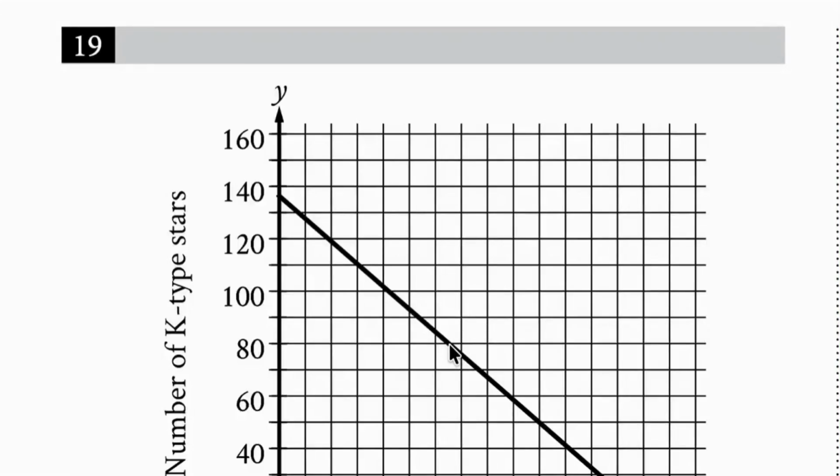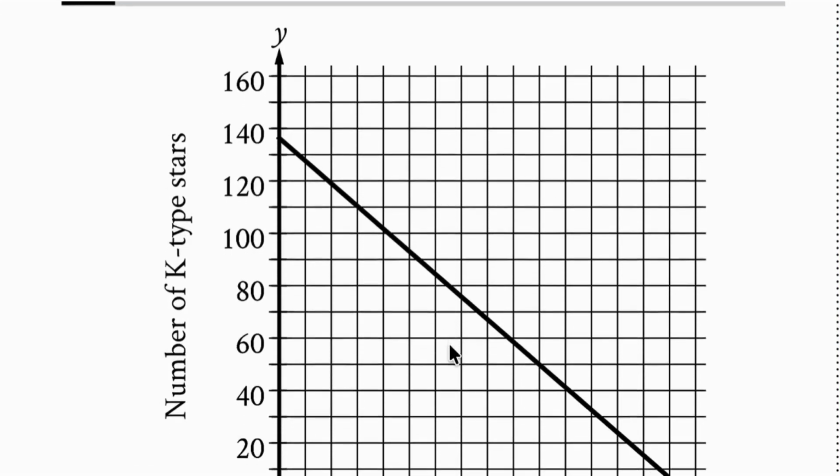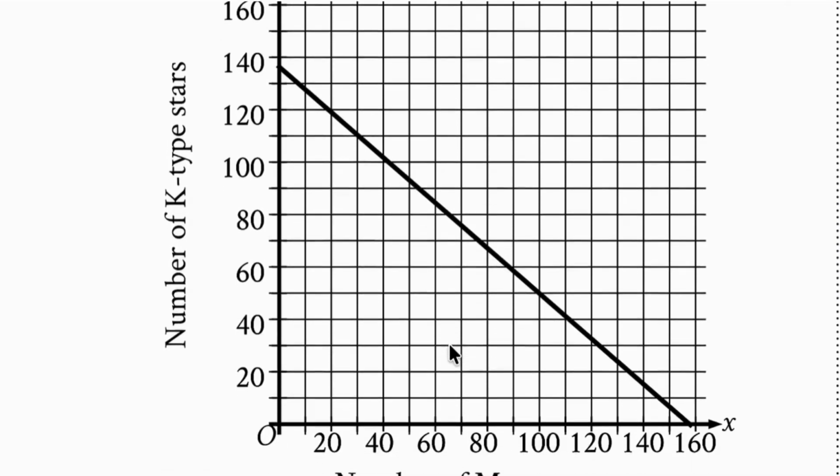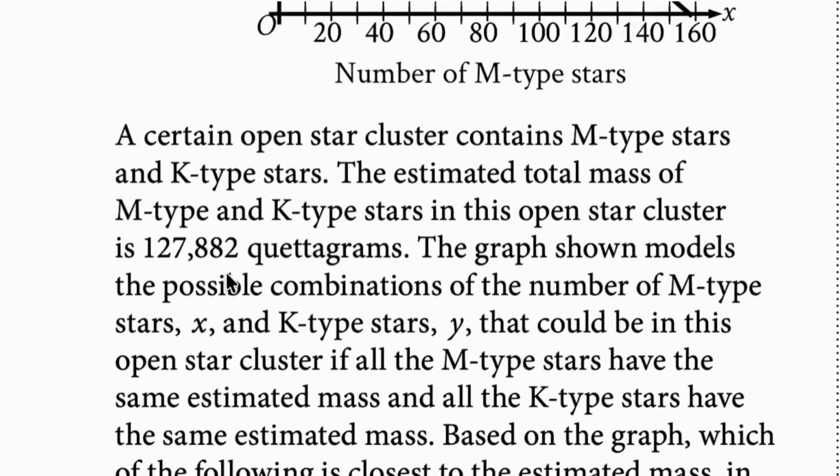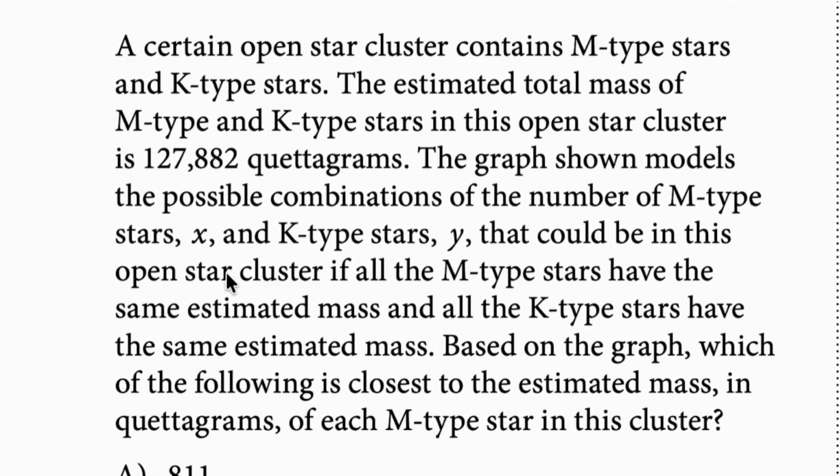Question number 19. A linear graph is given to us, and the x-axis is the number of M-type stars and the y-axis is the number of K-type stars. A certain open star cluster contains M-type stars and K-type stars. The estimated total mass of M-type and K-type stars in this open star cluster is this much in quadrograms.